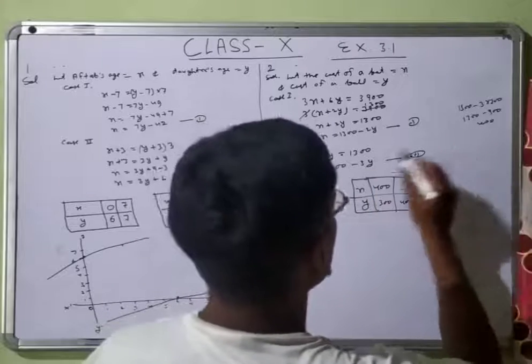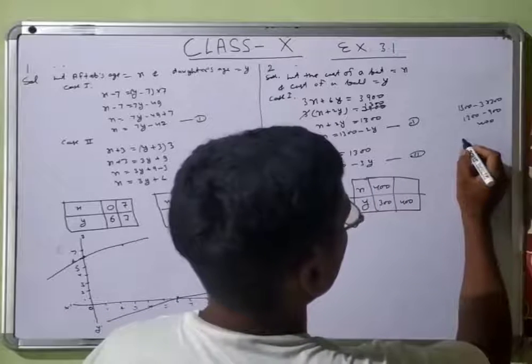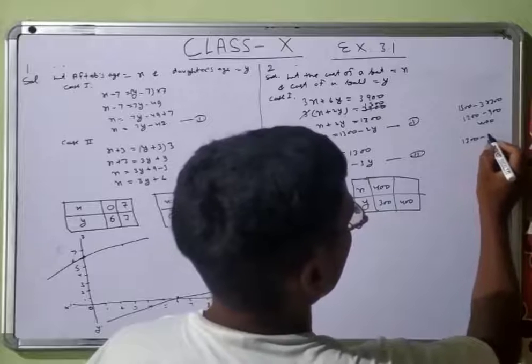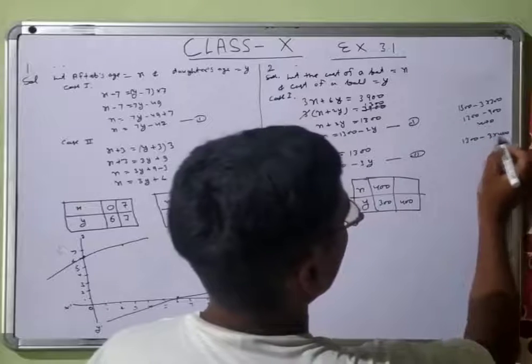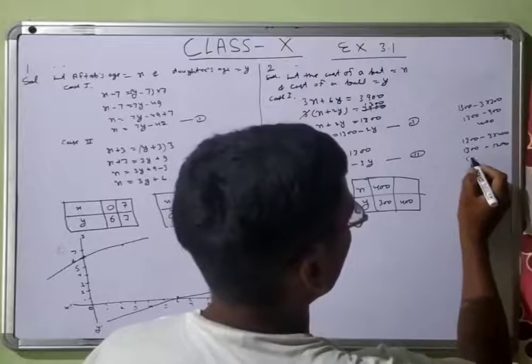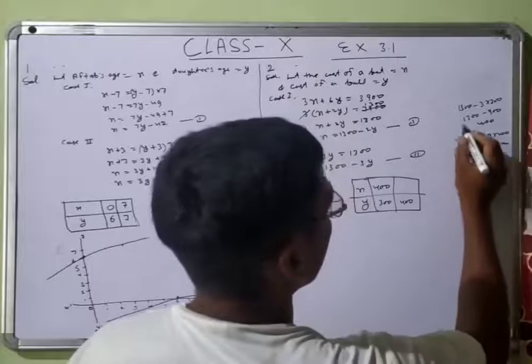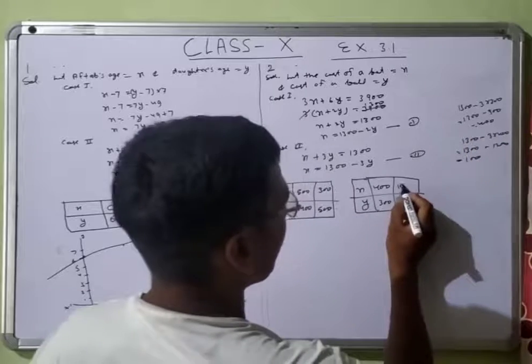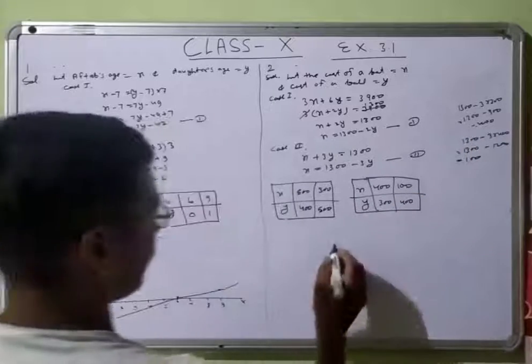Now for 400, 13 minus 3 into 4 is 12, so that will be 100. Now the graph.